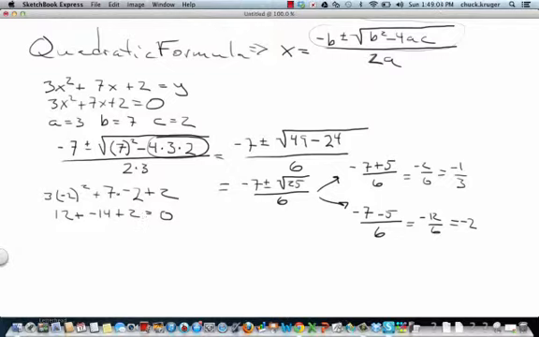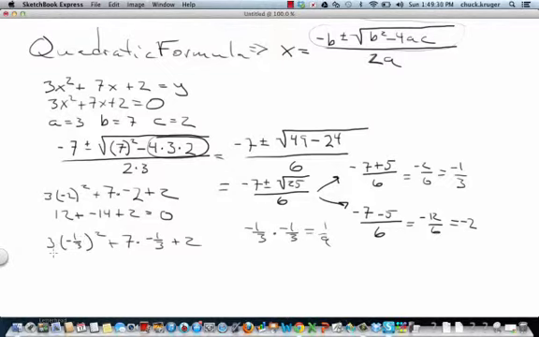Alright, let me put a negative 1/3 in there. And I have 3 times a negative 1/3 squared plus 7 times a negative 1/3 plus 2. Okay, so if I square negative 1/3, that's a negative 1/3 times a negative 1/3, that's 1 over 9.